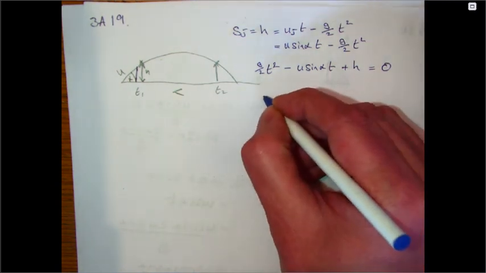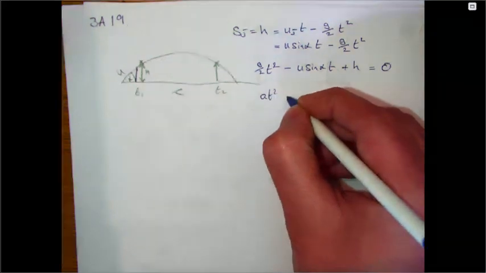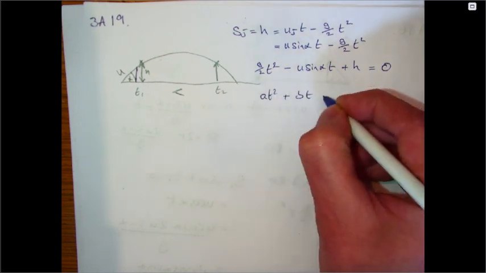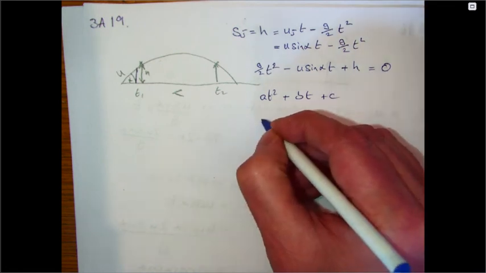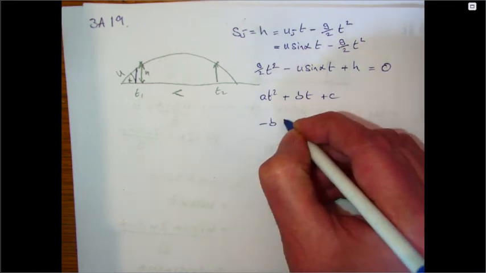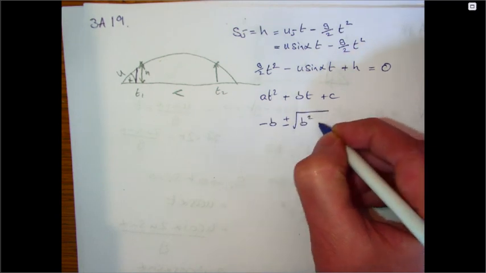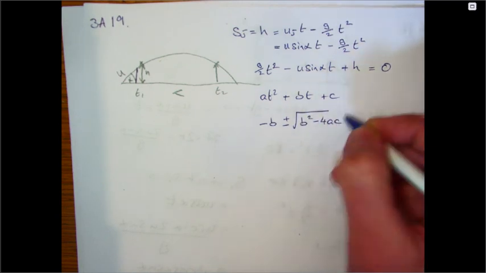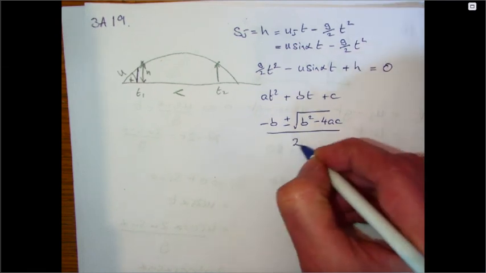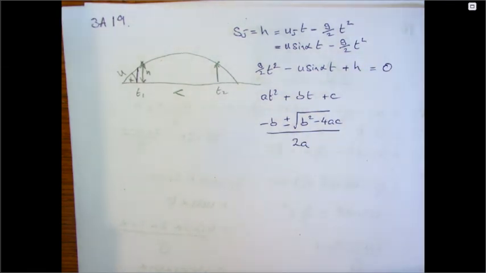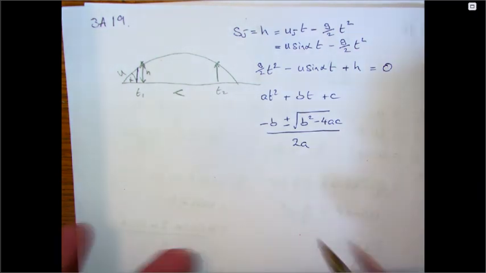We're going to use the a t squared plus b t plus c formula, giving minus b plus or minus the root of b squared minus 4ac all over 2a. If you have me in class, you know I don't write this out, but for this time, I think I will.